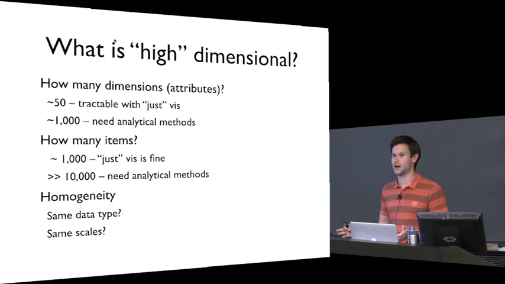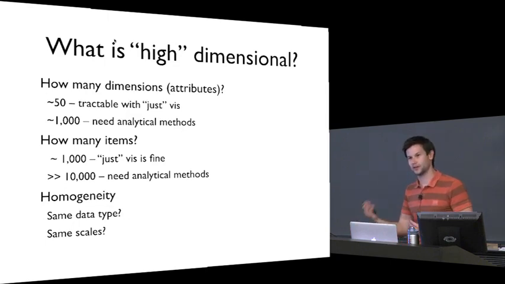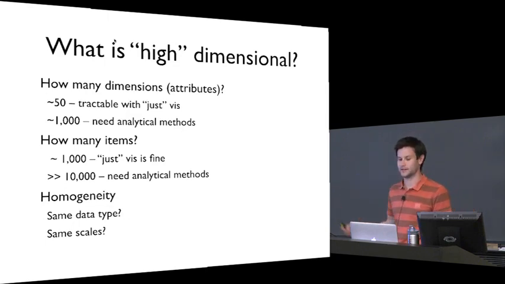But everything that is above needs to be combined with analytics before that, and then, in the end, visualization again. In terms of the items, we scale a little bit better in visualization. So about 1,000 is probably just fine with using visualization. But everything above, like 10,000 items, you need analytical methods, and you need to reduce the dimensionality of your data set. And this is what Raphael will talk about on Thursday.